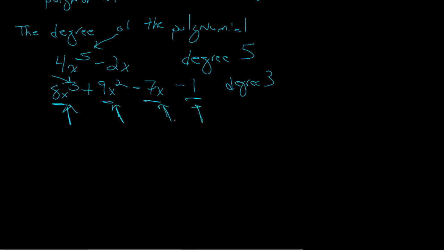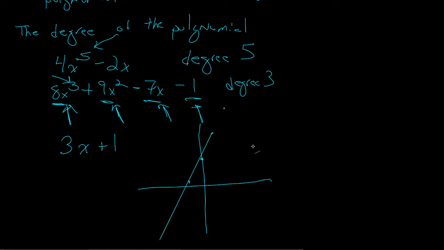In fact, you've already looked at one type of polynomial. You've looked at a degree 1 polynomial that we called linear. So I get my straight lines there.